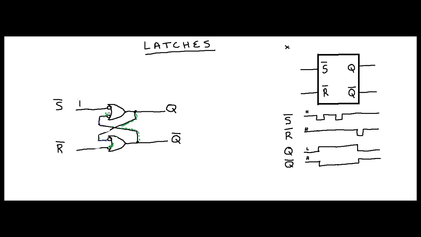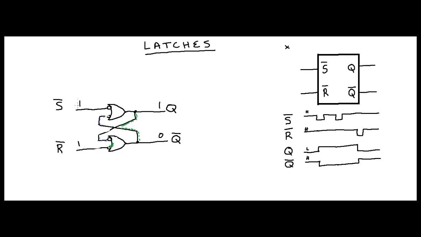You can fix up your own notes at this time if you would like to. Alright, that's pretty good there. So let's try this, shall we? This is a 1, this is a 1. Let's just have it in the set state, okay, 1, 0.